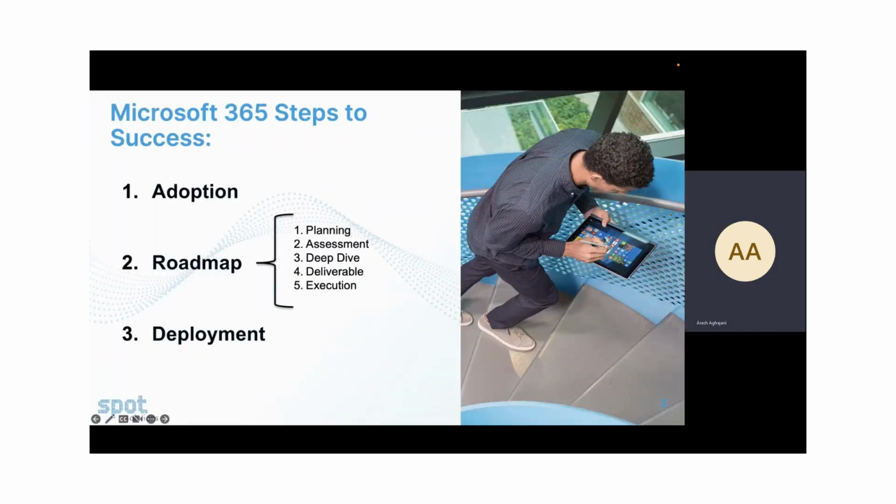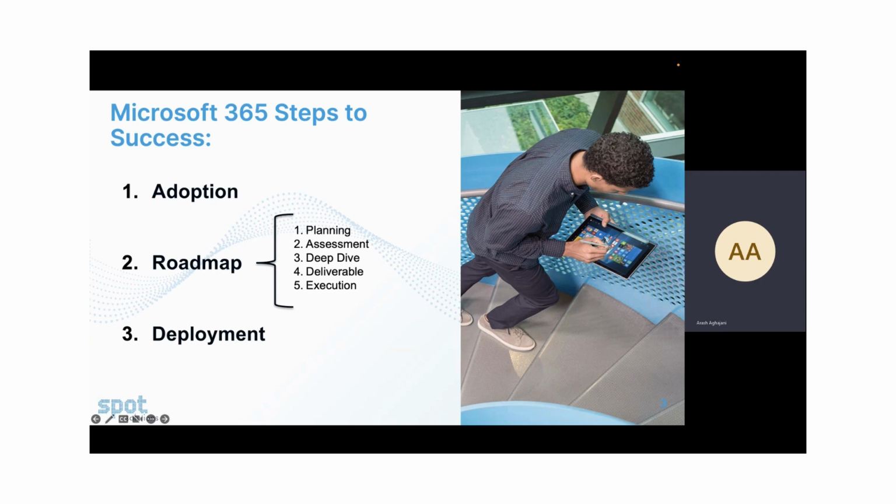As you may know, and you may have participated in our previous webinars, we talked about the Microsoft 365 Step to Success. We talked about the Microsoft 365 adoption, how you can create champions for your adoption journey.